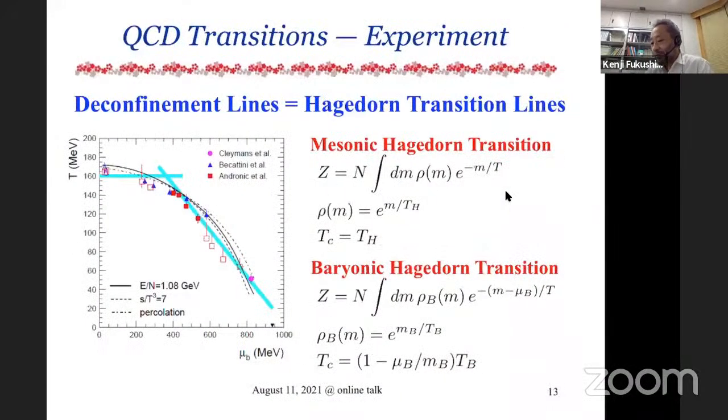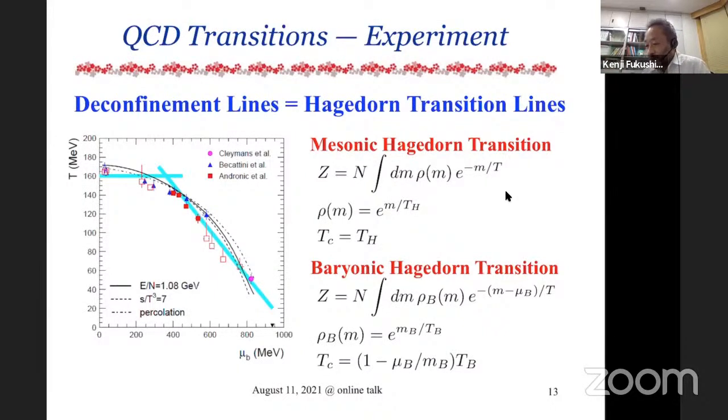If you see the thermodynamic quantity that is usually computed from the partition function, and if you assume such an exponential behavior of the mass spectrum, then this is convoluted with the Boltzmann distribution, exponential minus m, okay? And then you can perform the summation or the integration with respect to all the energy modes, and you can get the pressure or the thermodynamic quantity.